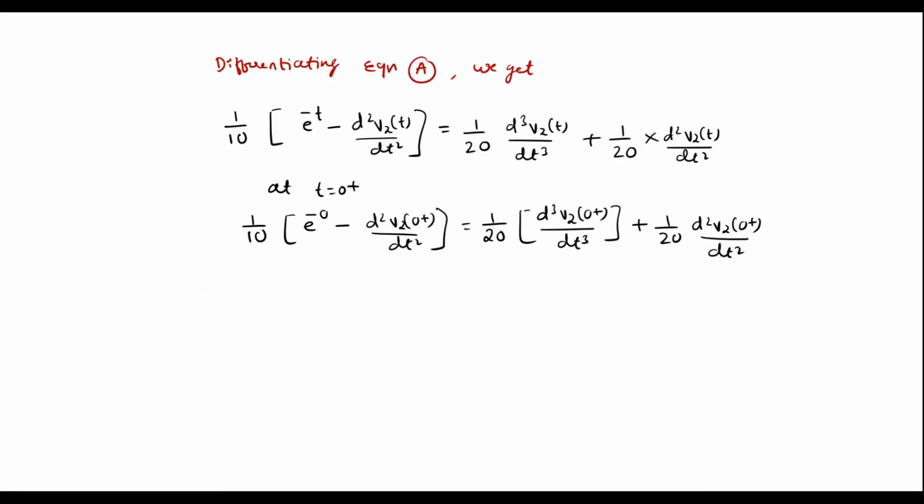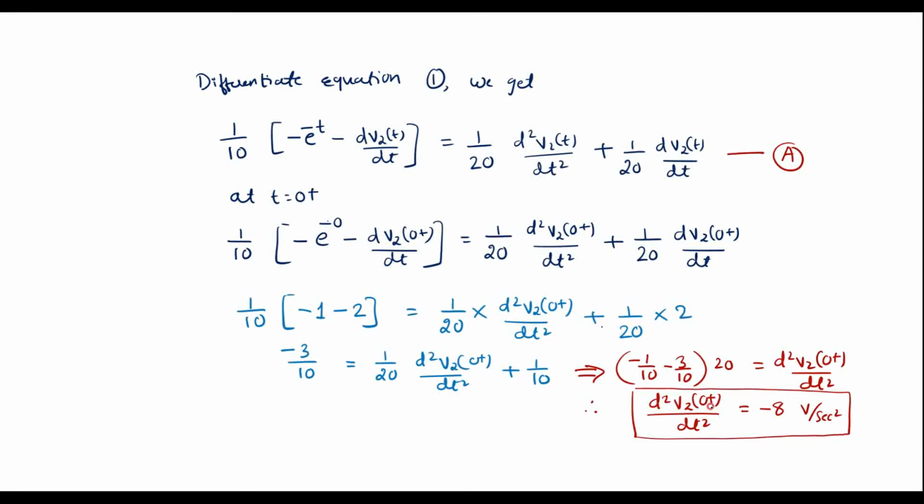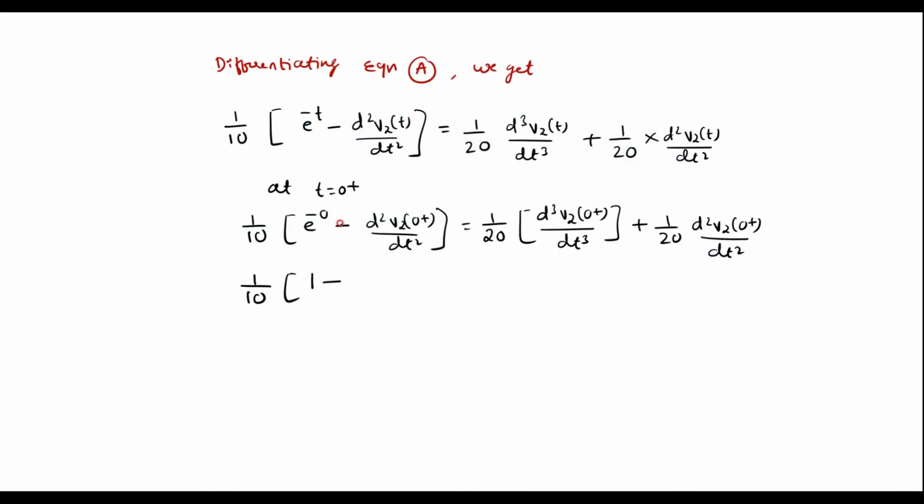Now let me substitute the values. We have 1 over 10, so this value is 1 minus, and already we have found d square v2 of 0 plus, its value is minus 8. So this minus and that minus will become plus, is equal to 1 over 20 into minus 8 plus, this term kept as it is, d cube v2 of 0 plus by dt cube, plus 1 over 20 into minus 8.